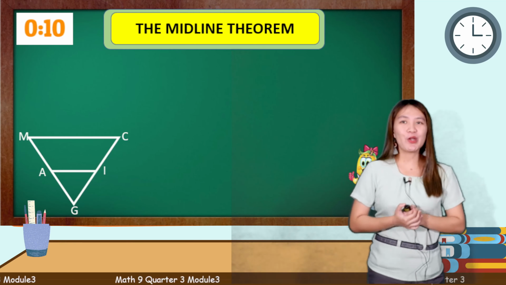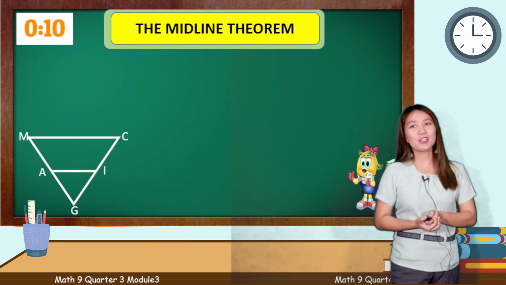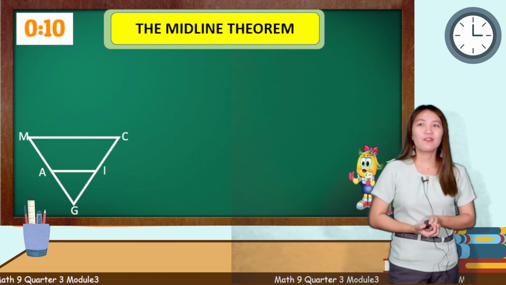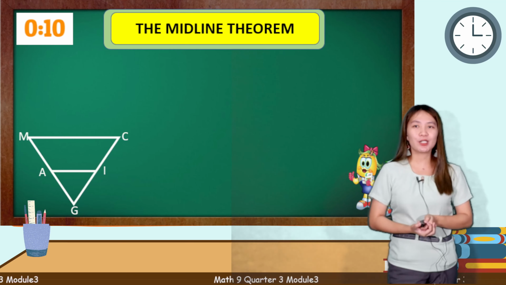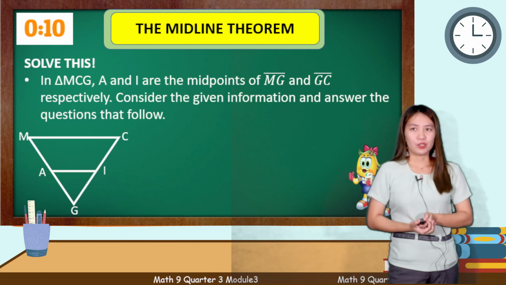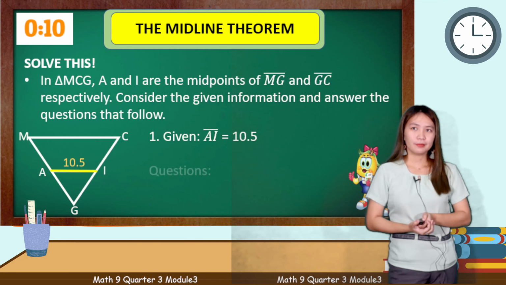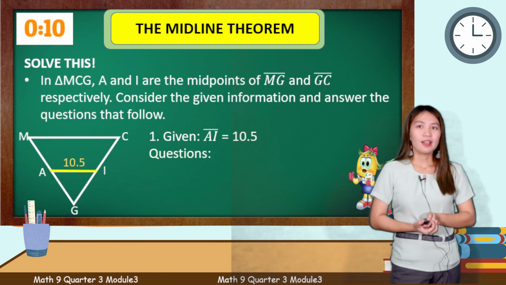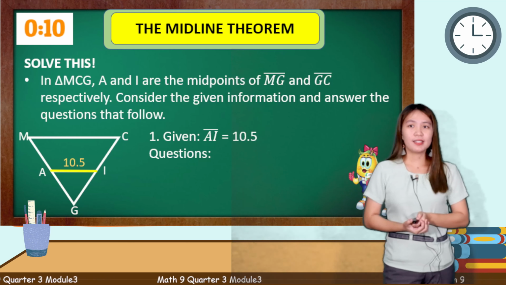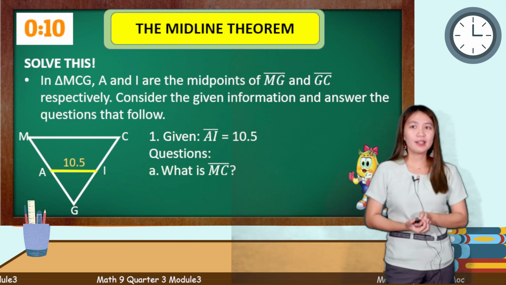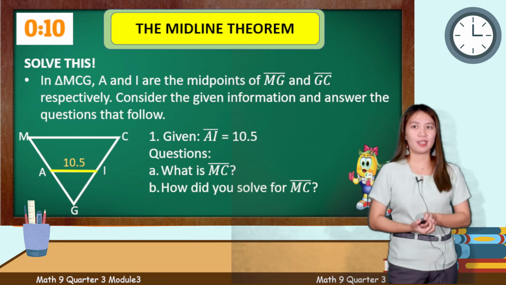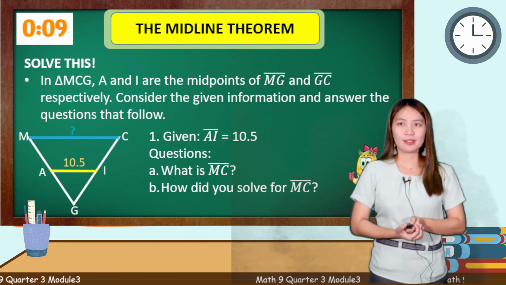So this is now your time to solve the problems independently. You will be given 10 seconds each to answer the following questions. So given segment AI is 10.5, you need to find the measure of segment MC. Your timer starts now.